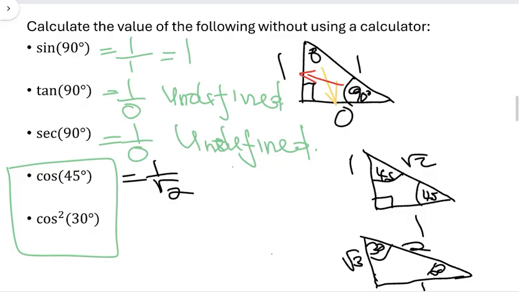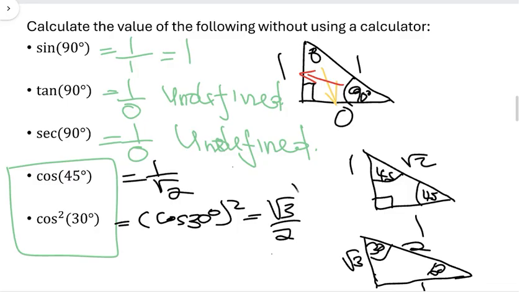And then for this one, we know that it's equal to bracket cos of 30 degrees squared, which is equal to cos of 30, adjacent square root 3 over hypotenuse, which is 2. Square this, you get 3 over 4. So this is actually a perfect set of examples where we needed all the 3 special triangles.